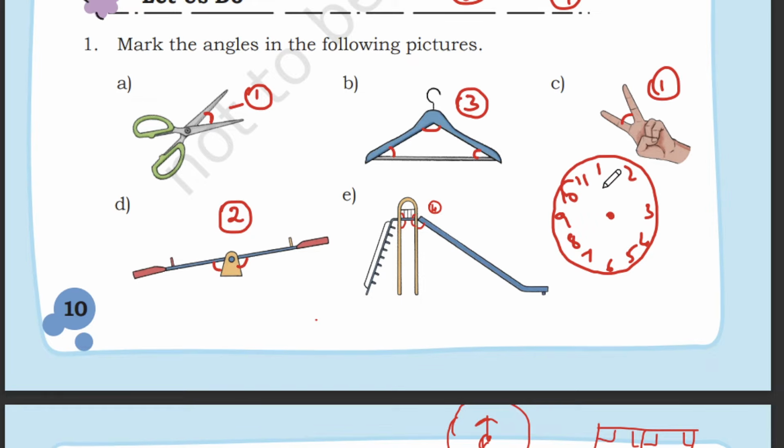So for a right angle, the lines should be straight. So we can see it at 3 o'clock. Again we can see it at 9 o'clock also. And what else? I'll rub and show you a few more.